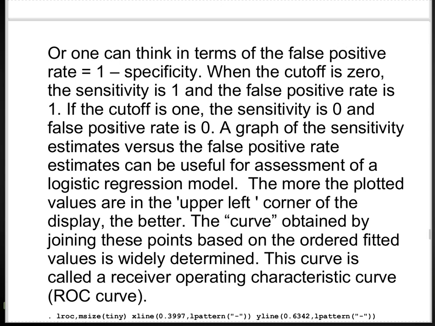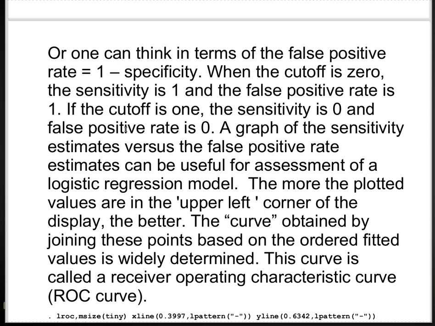And if the cutoff is 1, then the sensitivity is 0 and the false positive rate is 0. You could go back and look at that previous picture. So I'm making a case now which is widely seen for the understanding of the implications of this cutoff as a function of the sensitivity and the false positive rate.